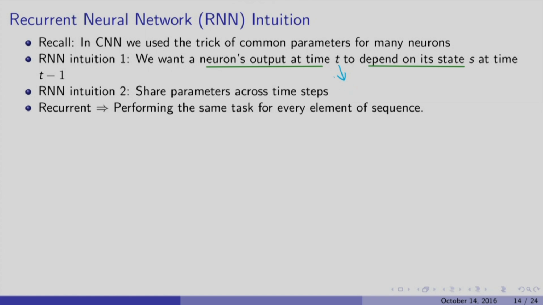In general, the time t could be replaced with say index t, and an important example, a running example for the discussion that follows will be that of language models.